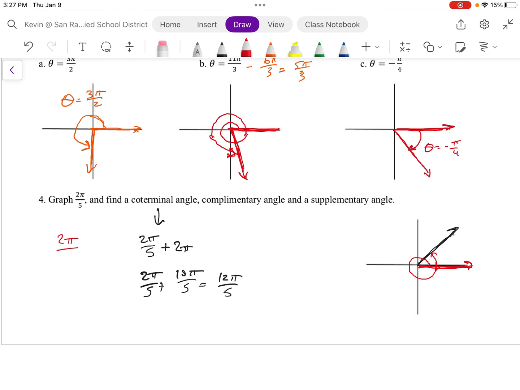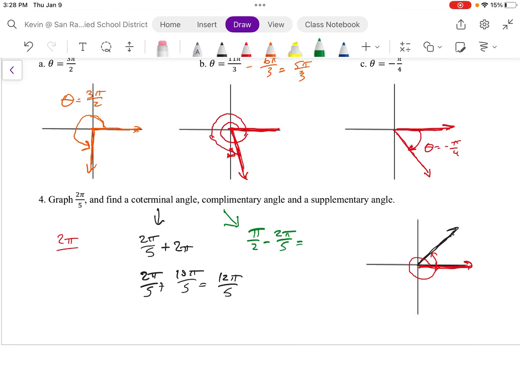Okay, complementary angle. For my complementary angle, I'm going to take pi over 2 and subtract 2 pi over 5, which would give me pi over 10, right?